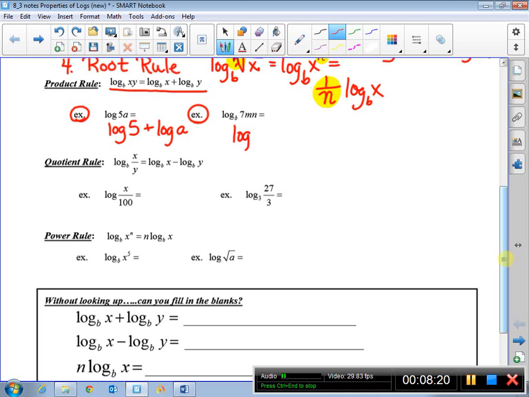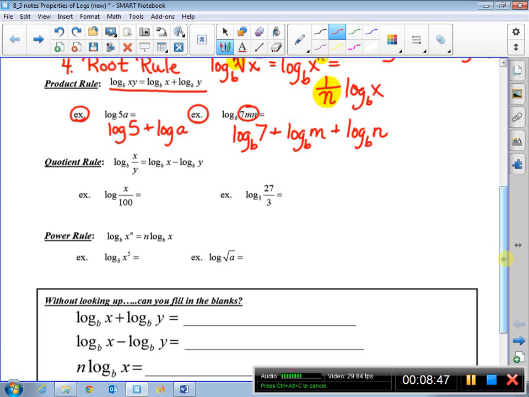Well, I have a base b: log base b of 7 plus log base b of m plus log base b of n. And we're good. So we can have as many terms as we want multiplying together. We will just add them all up if we're multiplying.